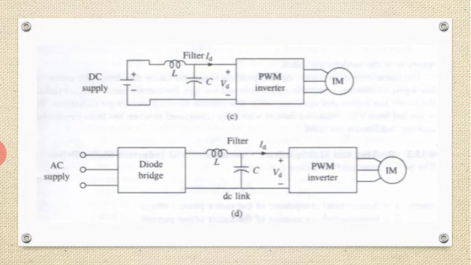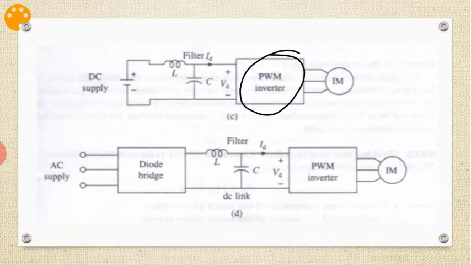Now the third one is figure C. DC supply is here and a PWM inverter is used, a pulse width modulation inverter. When you are using the PWM inverter, there is no need of a variable DC.